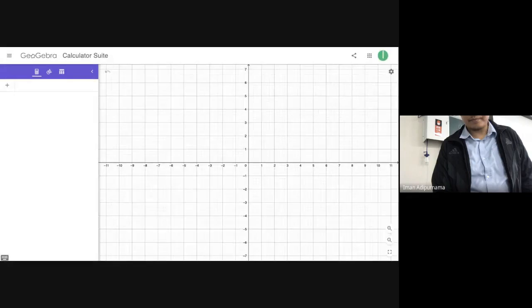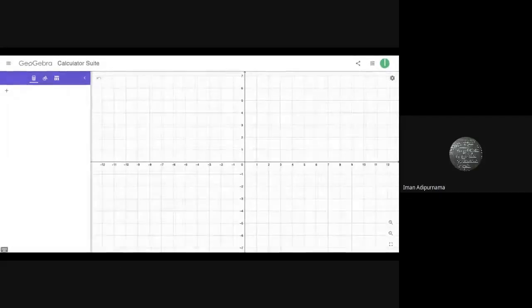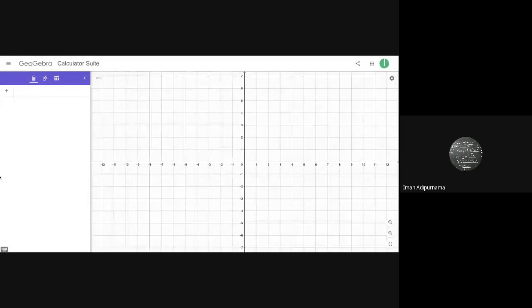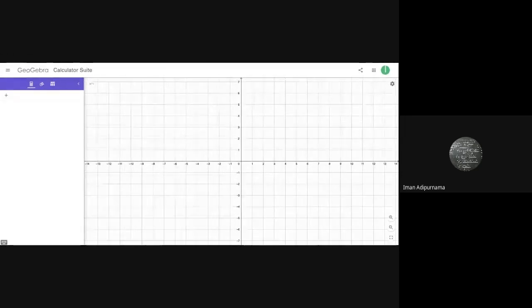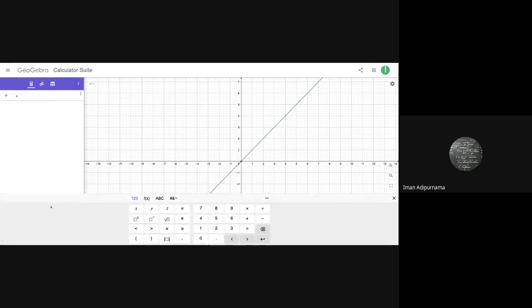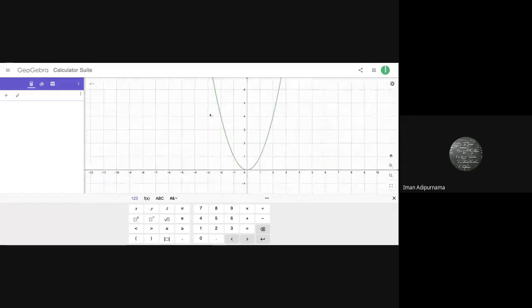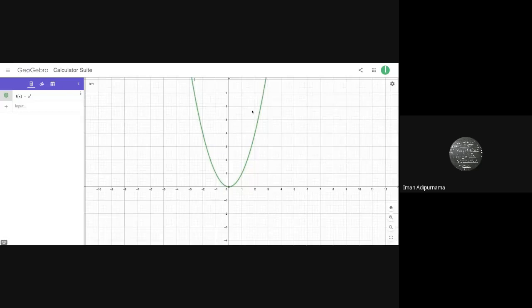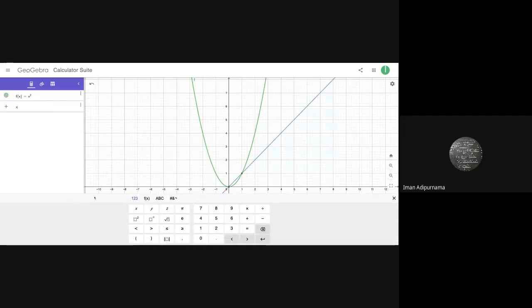First, I will start with some GeoGebra stuff. Has any one of you tried to dig into GeoGebra? Okay, so GeoGebra. Let me just write some functions first.